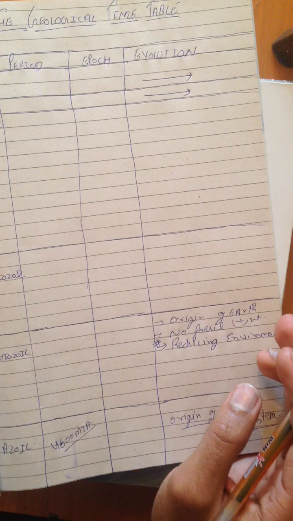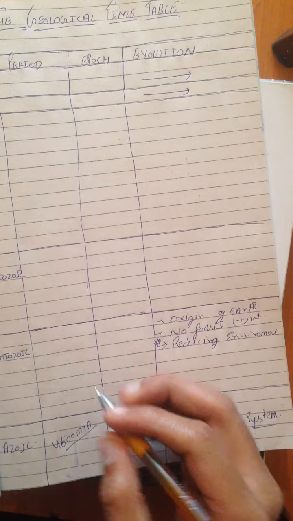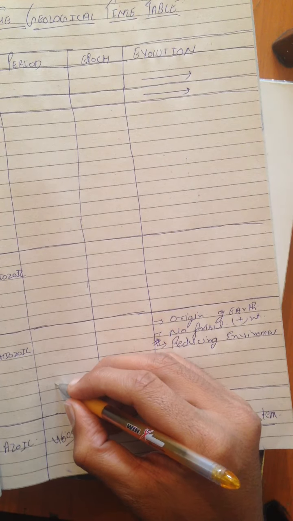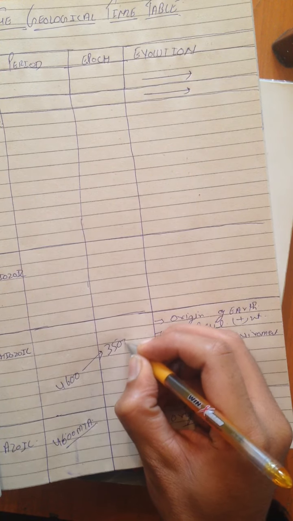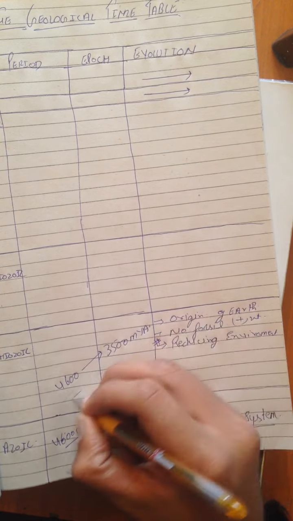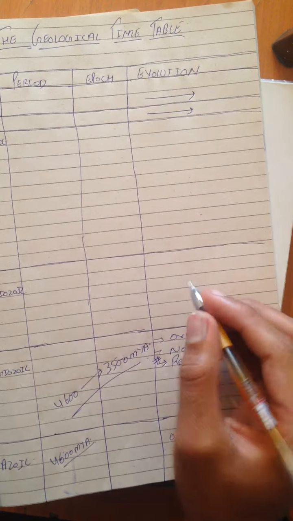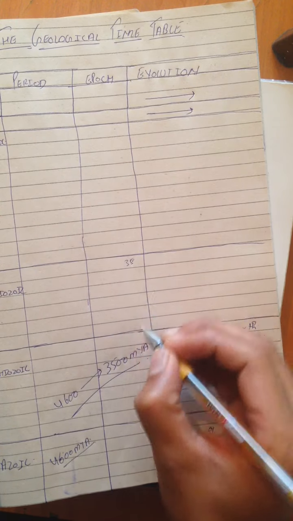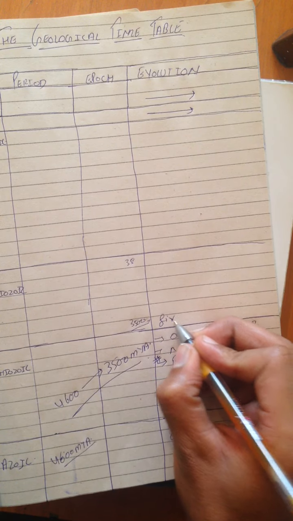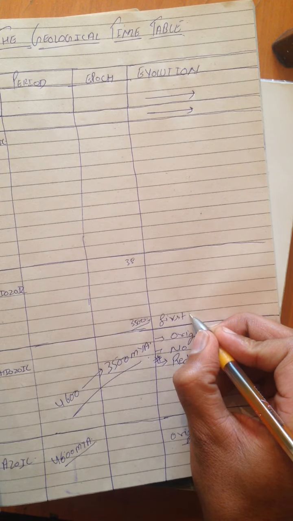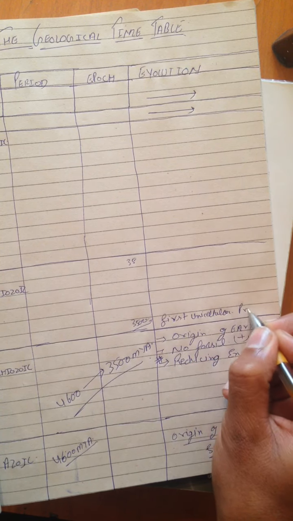And if we are talking about the Proterozoic era, this all takes place between 4600 to 3500 Maya. Then in the Proterozoic era at 3500, first unicellular prokaryote.